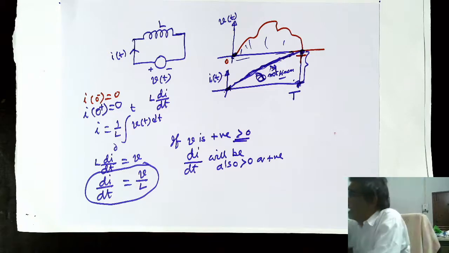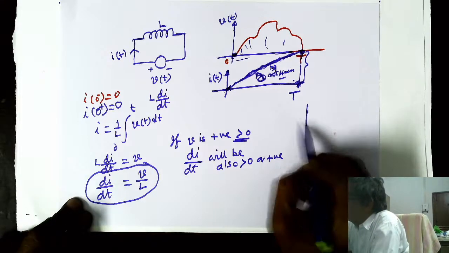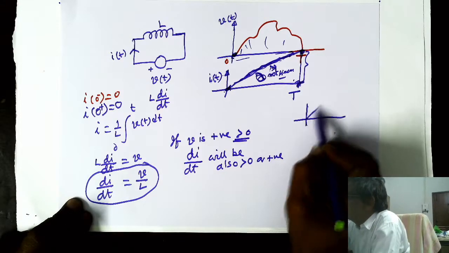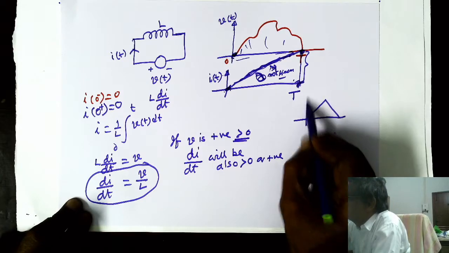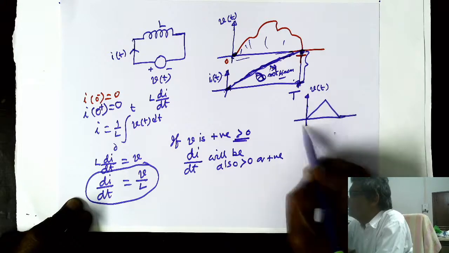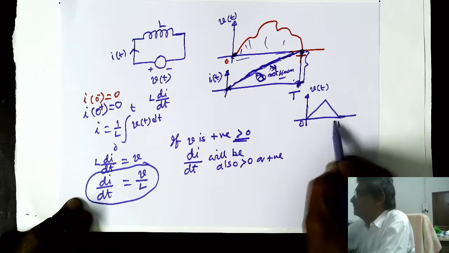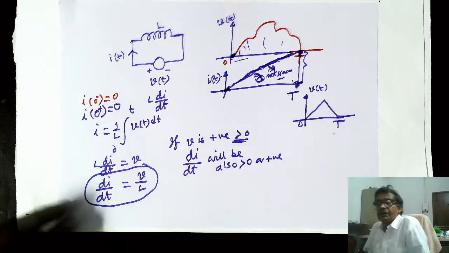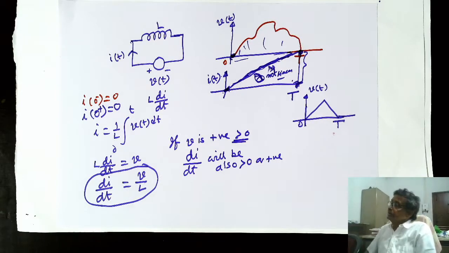For example, I could supply a triangular pulse as the voltage, instead of a rectangular pulse from 0 to T. I could have applied a voltage like this. I will not do any mathematics. I first try to understand what is happening.